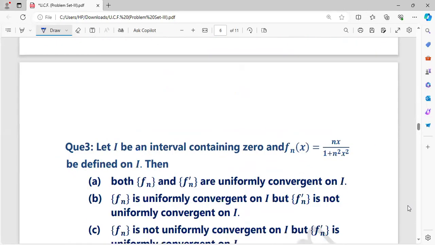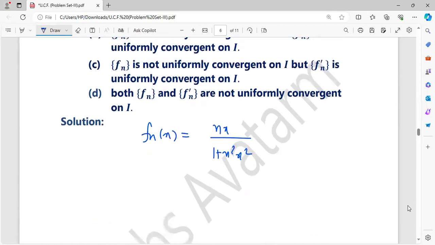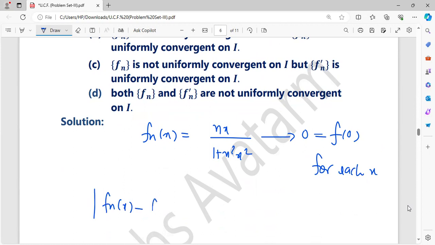Now move to the third question. We have already done this question. So now see that the pointwise limit is 0 for each x. Now consider Fn x minus f of 0, that is Fn x, which is nx upon 1 plus n square x square.